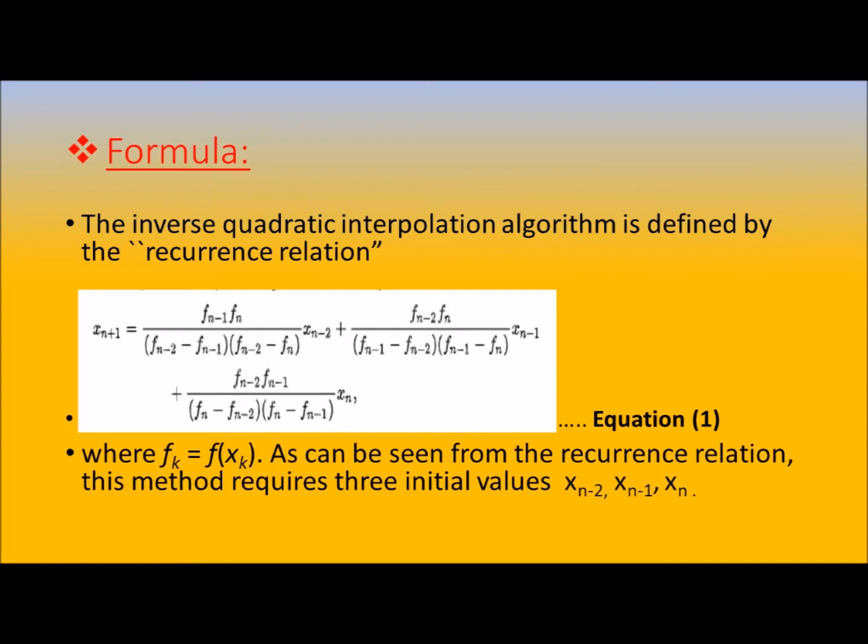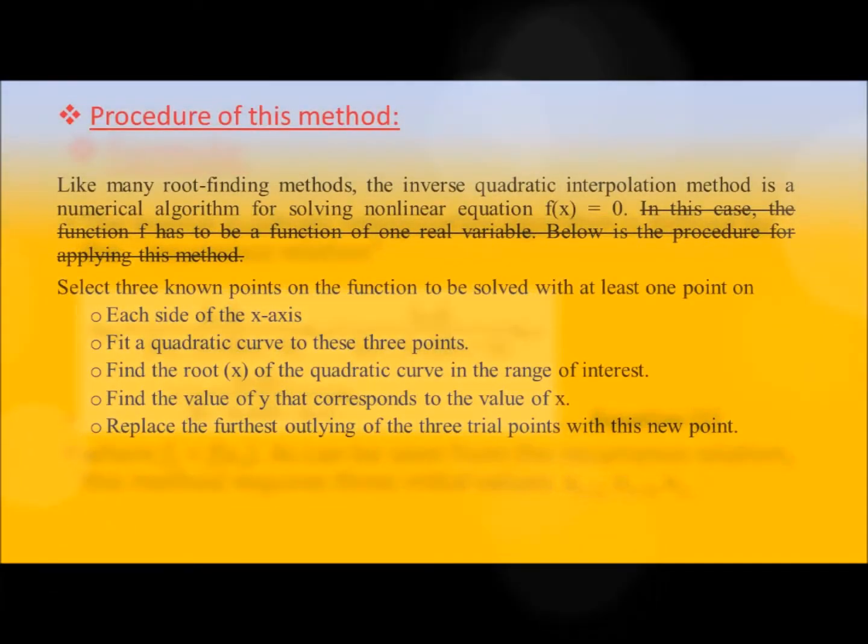And the formula for the new root estimate is x_{n+1} = f_{n-1} f_n / ((f_{n-2} - f_{n-1})(f_{n-2} - f_n)) * x_{n-2} + f_{n-2} f_n / ((f_{n-1} - f_{n-2})(f_{n-1} - f_n)) * x_{n-1} + f_{n-2} f_{n-1} / ((f_n - f_{n-2})(f_n - f_{n-1})) * x_n. Here x_{n-2}, x_{n-1} and x_n are the three initial values for this method, and we are using f_k = f(x_k).